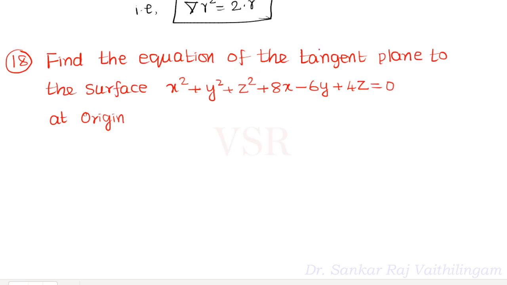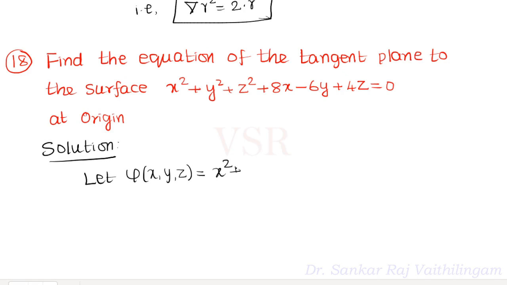Okay, so solution: let phi of x y z be equal to, I will write it as it is, x square plus y square plus z square plus 8x minus 6y plus 4z.